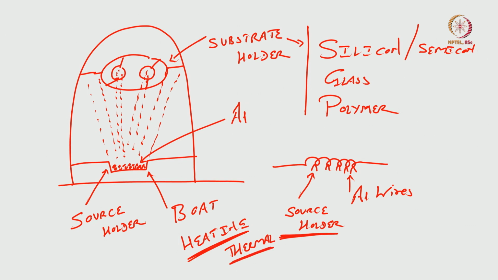You are applying heat to melt the aluminum material, and it gets melted, starts evaporating and depositing on the substrate. Substrate can be silicon, a semiconductor, glass, polymer, any base material on which we want to deposit the metal, semiconductor or insulator.